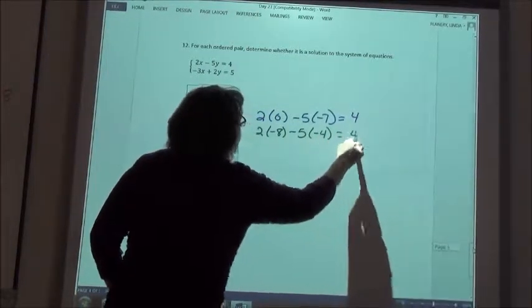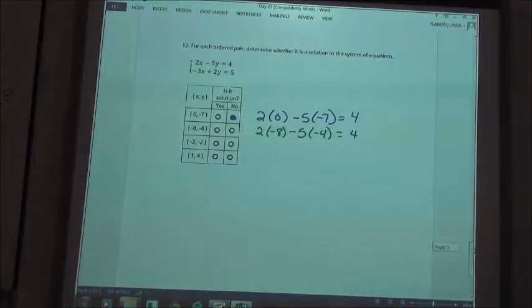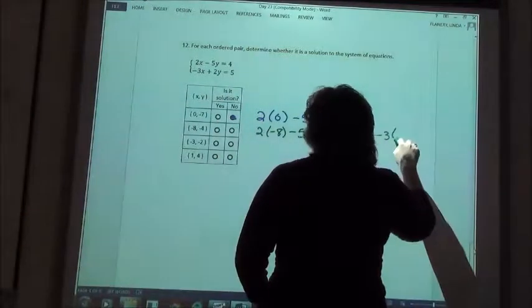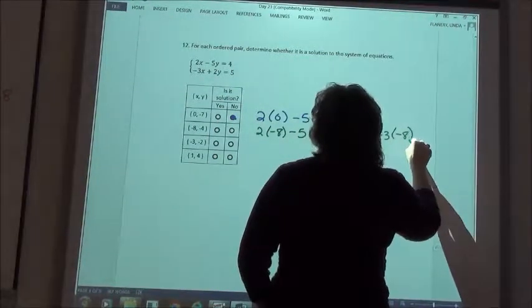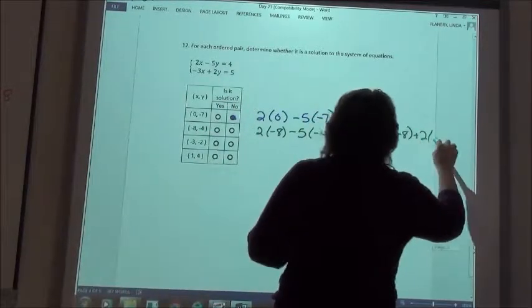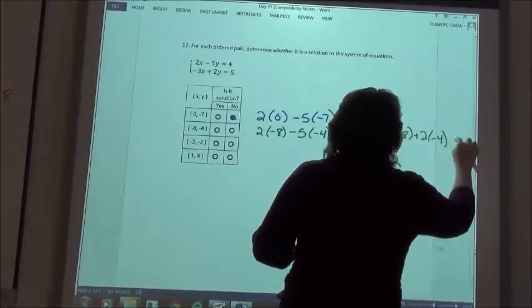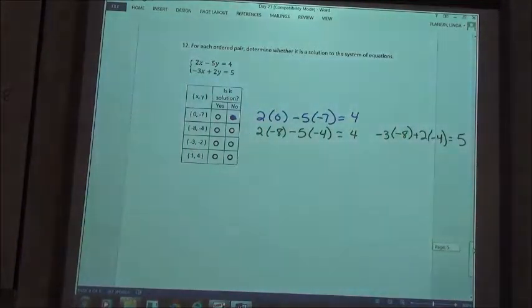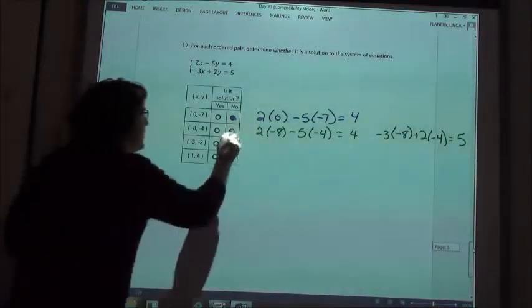Does that equal 4? It does equal 4. So now we've got to check the second equation. So negative 3 times negative 8 plus 2 times my y value, negative 4. Does that equal 5? It equals 16, so it doesn't equal 5. It's a no.